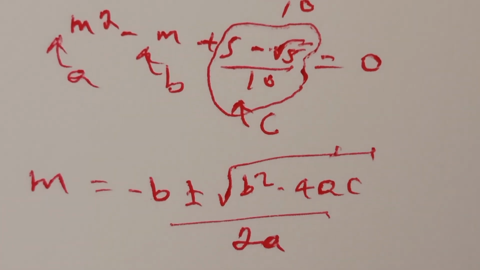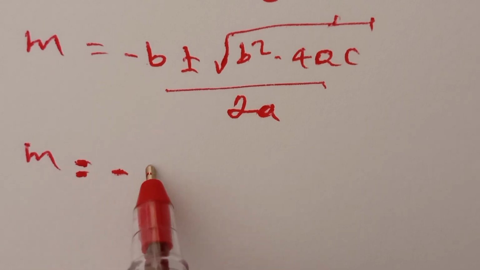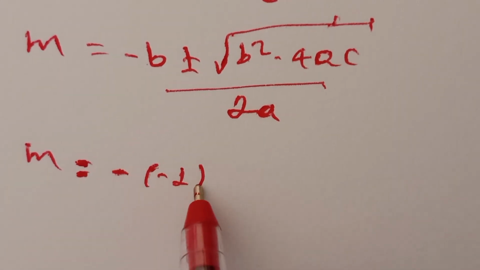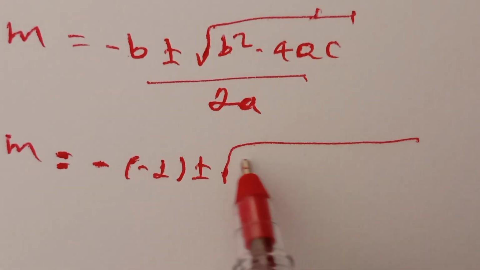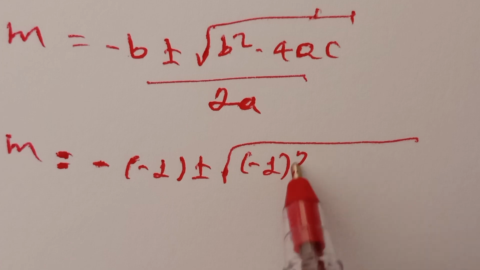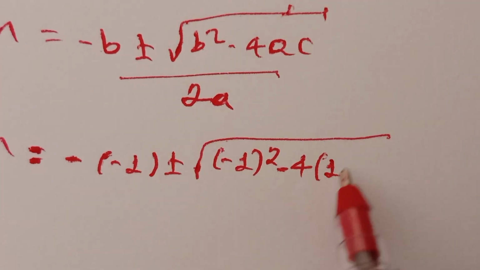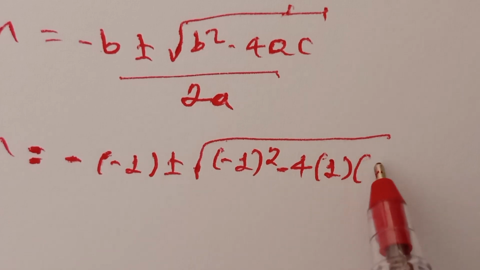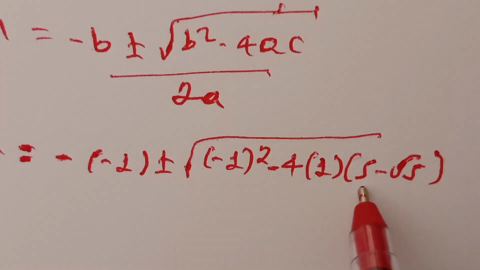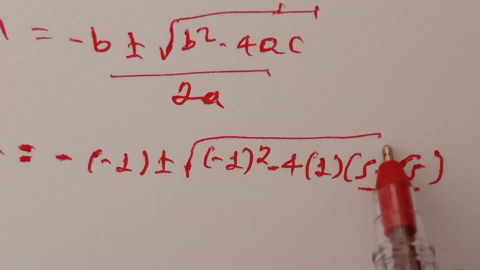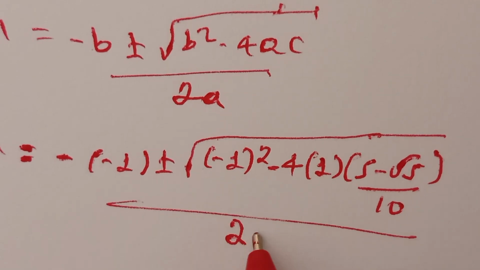So m is equal to minus minus 1 plus or minus under radical 1 squared minus 4ac, a is 1 and c is 5 minus root 5 over 10, over 2a, 2 times 1.